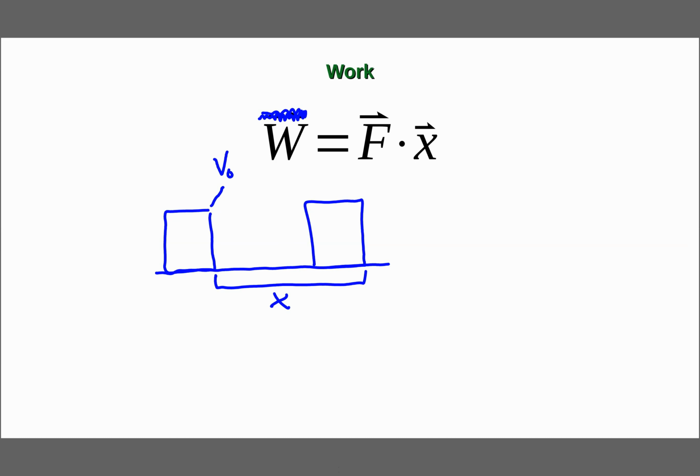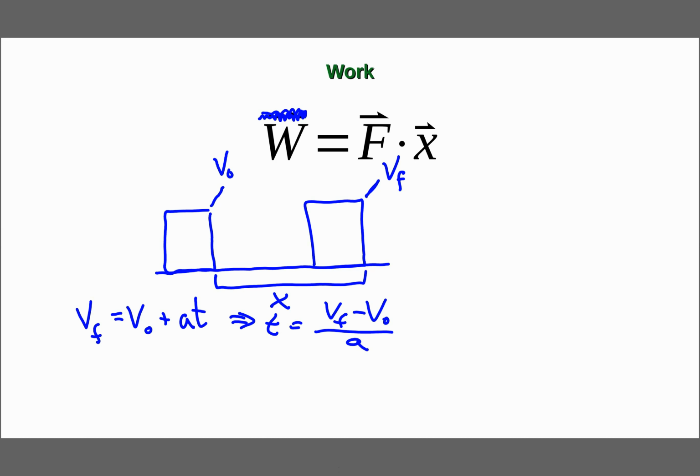Maybe the block was already sliding, and then I pushed it some distance x, and it has some velocity v final. We know from our kinematics that v final equals v naught plus at. And we can manipulate that algebraically and say that t equals v final minus v naught over a.